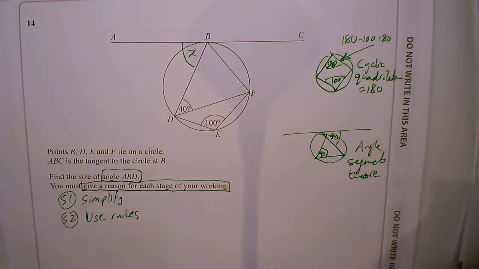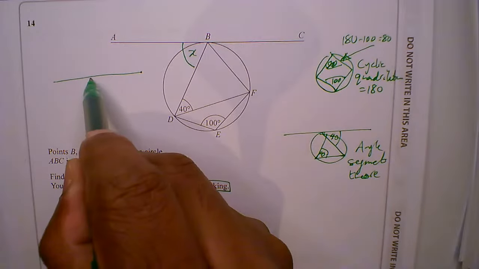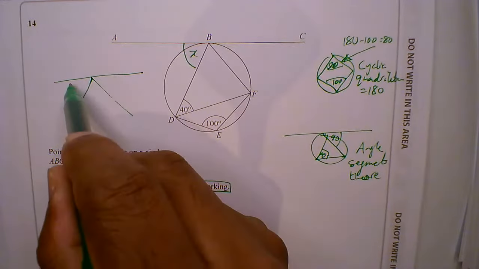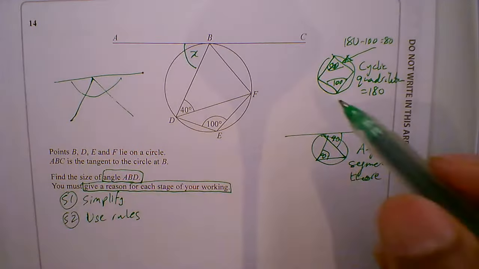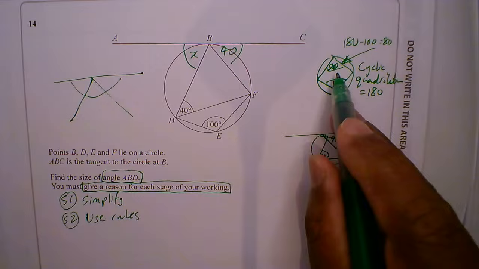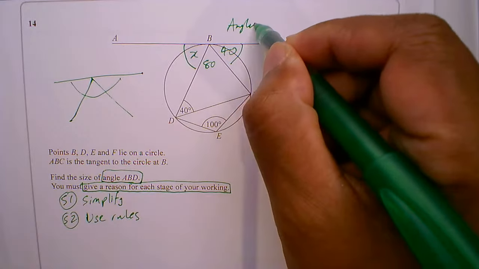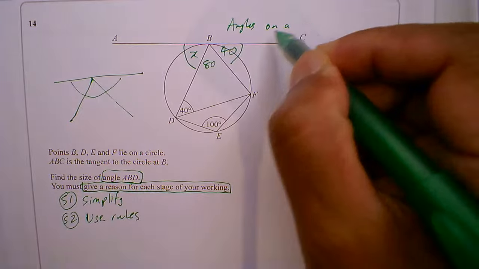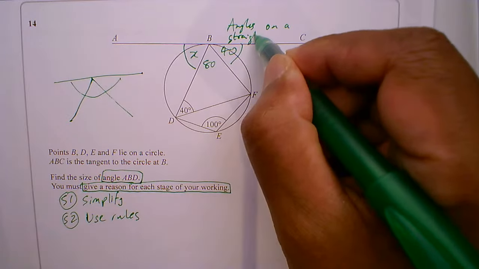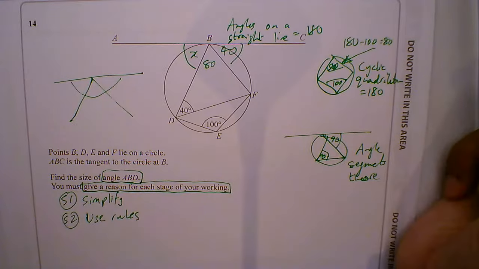All right, can you now see what's happening here? This is now a straight line. So if this is 40, that's 40, and we've seen this is 80. So this is angles on a straight line equal 180.